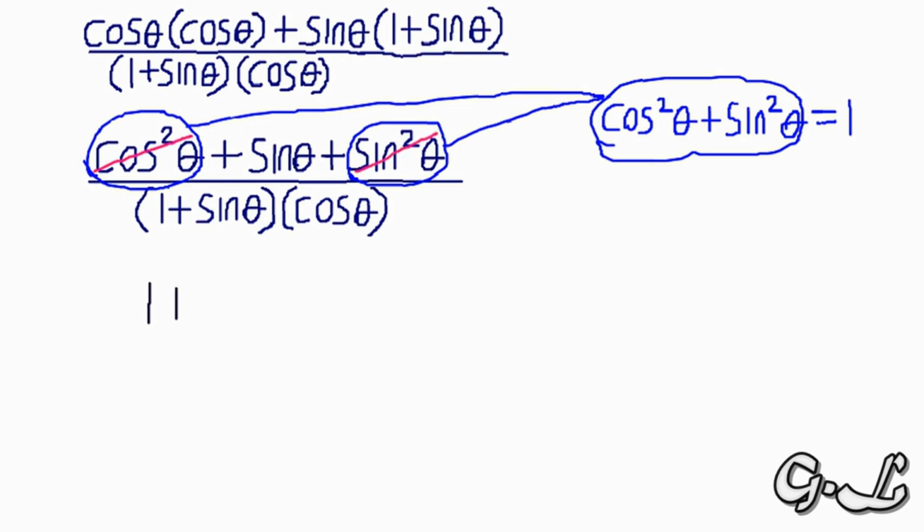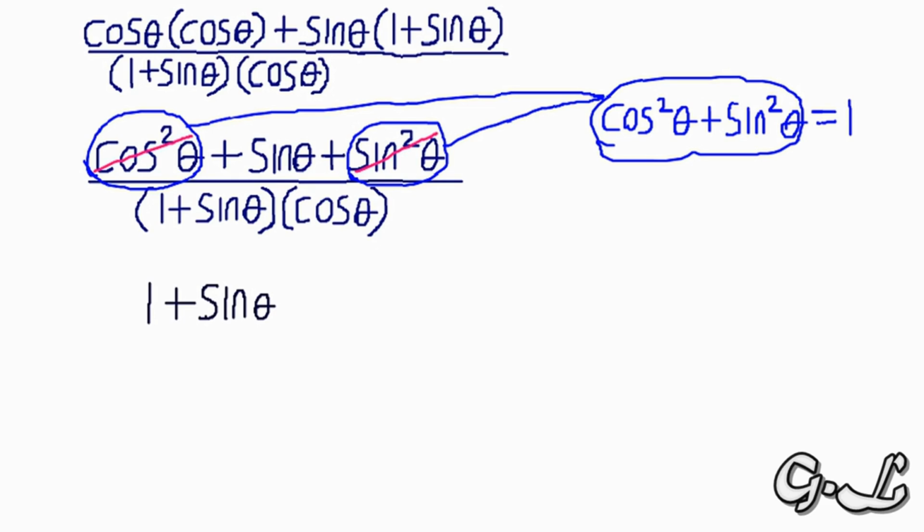So those are simply going to be cancelled out, and we're simply going to have 1. And then what is going to remain? We're going to have sine theta. So the numerator is going to be 1 plus sine theta.